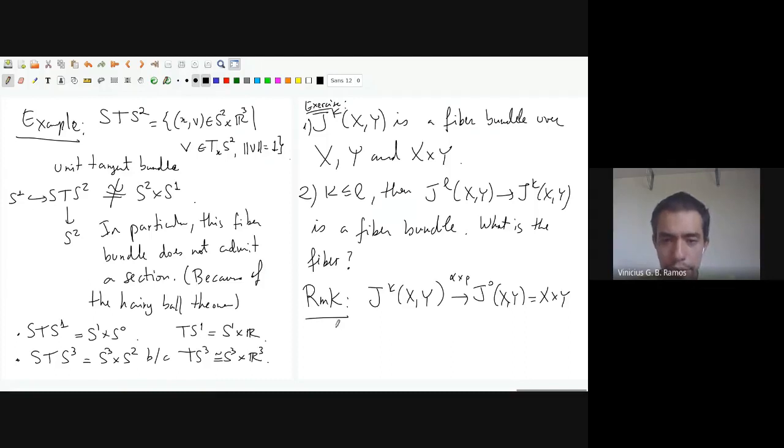This is a fiber bundle whose fiber is just the set of polynomial maps from N to M of degree at most K, with no constants. So this is a vector space. So this is a fiber bundle whose fiber is a vector space, but it is not a vector bundle.